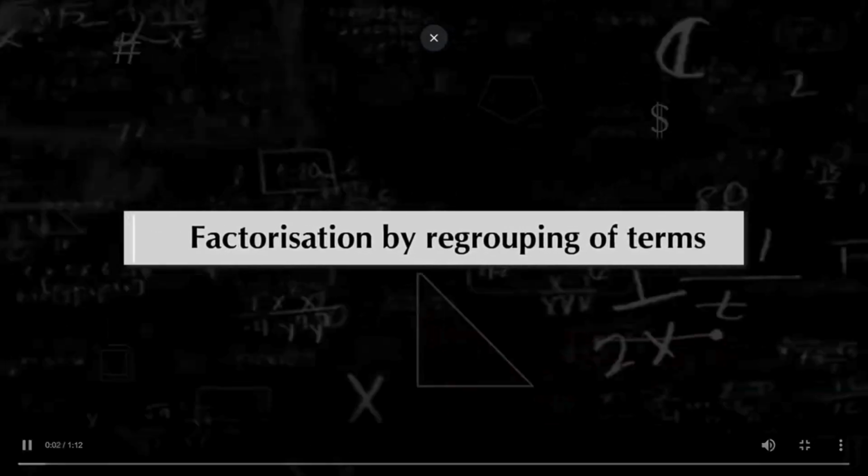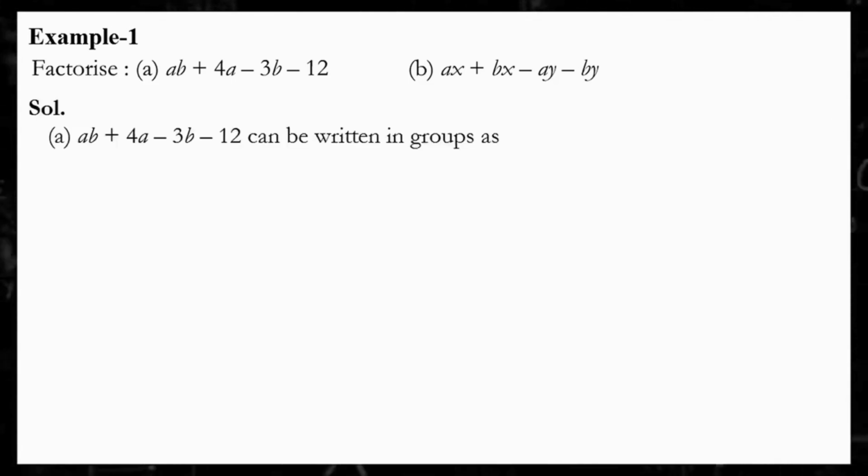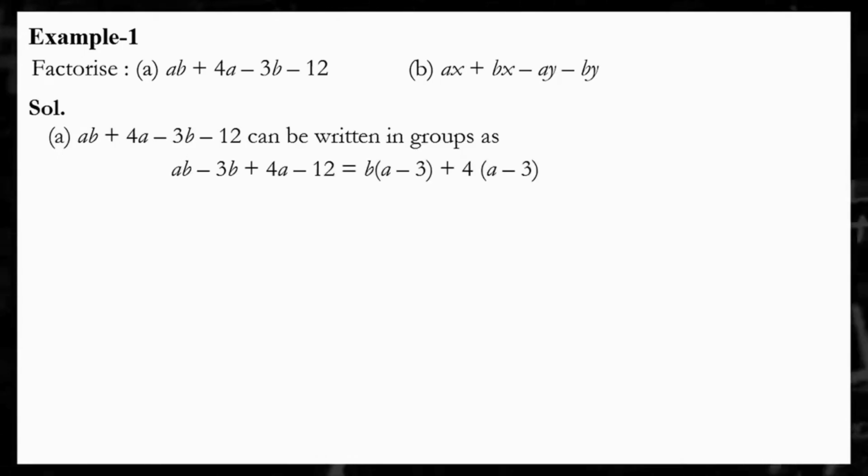Factorization by regrouping of terms. Example 1. Factorize A, ab plus 4a minus 3b minus 12. B, ax plus bx minus ay minus by. Solution A: ab plus 4a minus 3b minus 12 can be written in groups as ab minus 3b plus 4a minus 12, which is equal to b(a minus 3) plus 4(a minus 3).